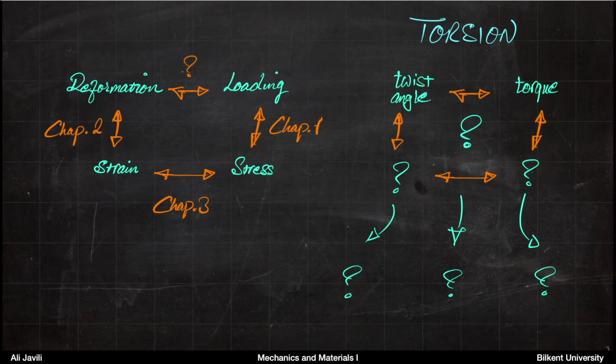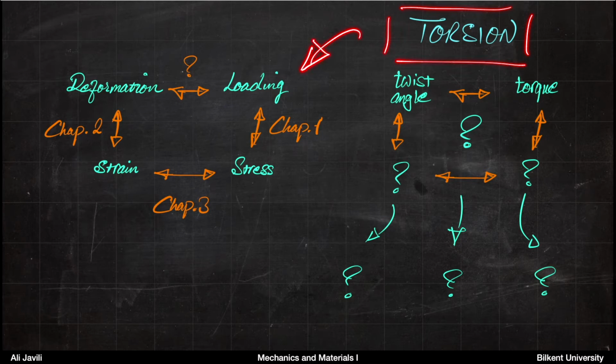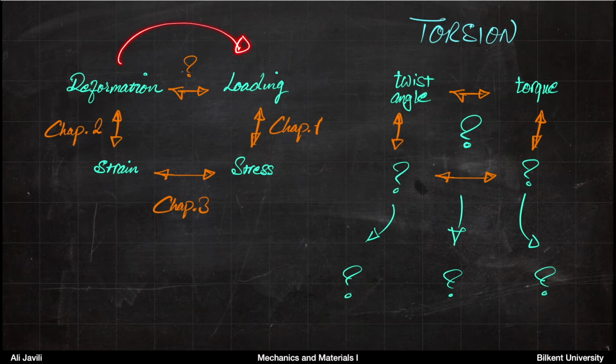Okay, so now if we want to look at the torsion problem from the perspective of the big picture of mechanics, again we want to find a relation between deformation and loading. But now the deformation for a torsion problem is an angle of twist or twist angle.